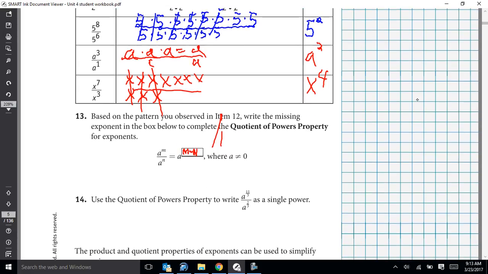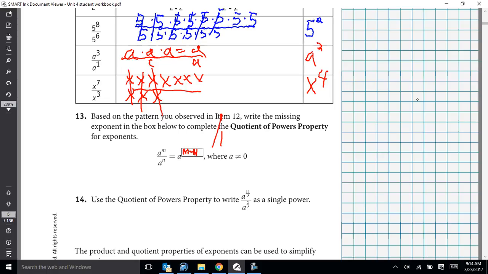So based on the pattern in number 12, write the missing exponent in the box. If we have a to the m divided by a to the n, what are we doing with m and n? We're subtracting, and our numerator exponent is always first, so m minus n, and a cannot equal 0, so our base is always some number.